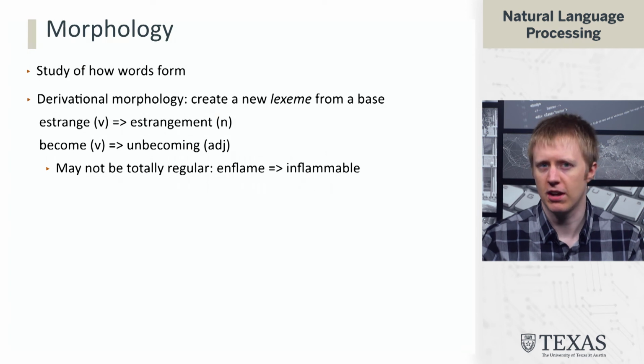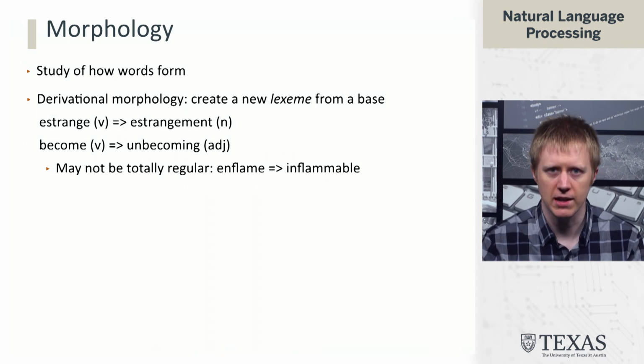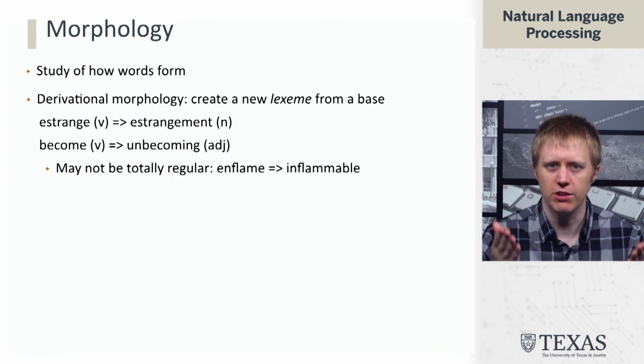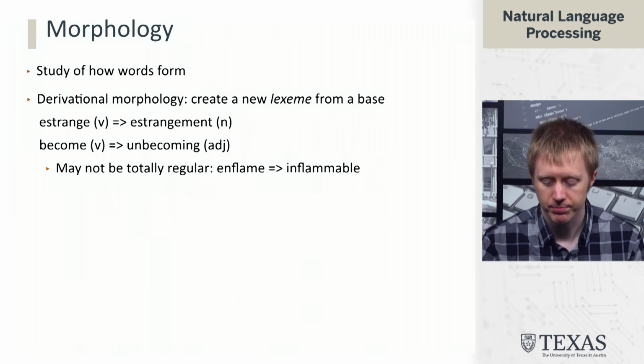And there are regular processes for doing this. In English, they involve adding different suffixes or transforming things in different ways. These processes aren't always totally regular, but still there's a lot that we can study there in terms of how these words are formed from their pieces.